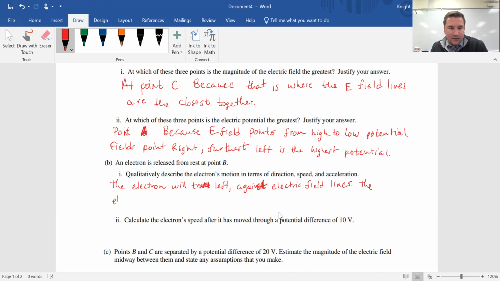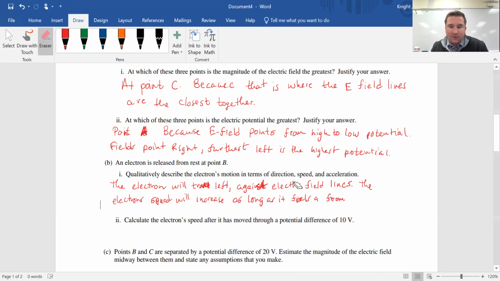The speed, the electron's speed will increase as long as it feels a force from the electric field. I can't write anything right now.